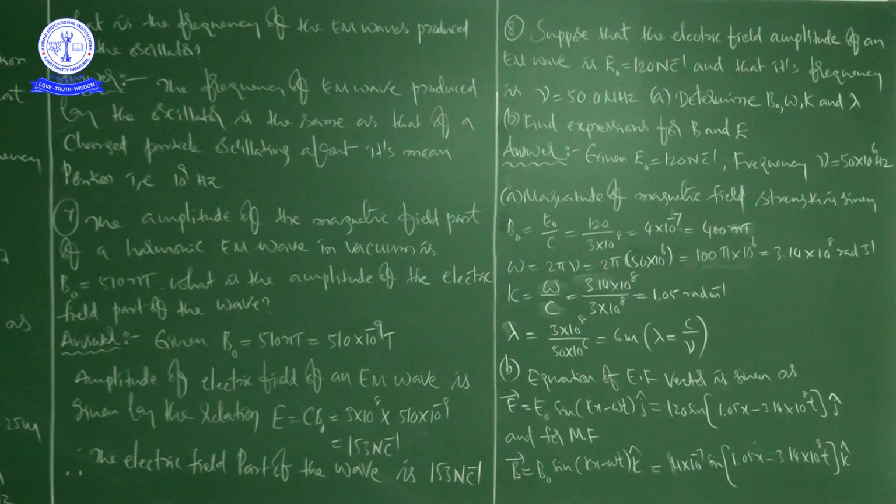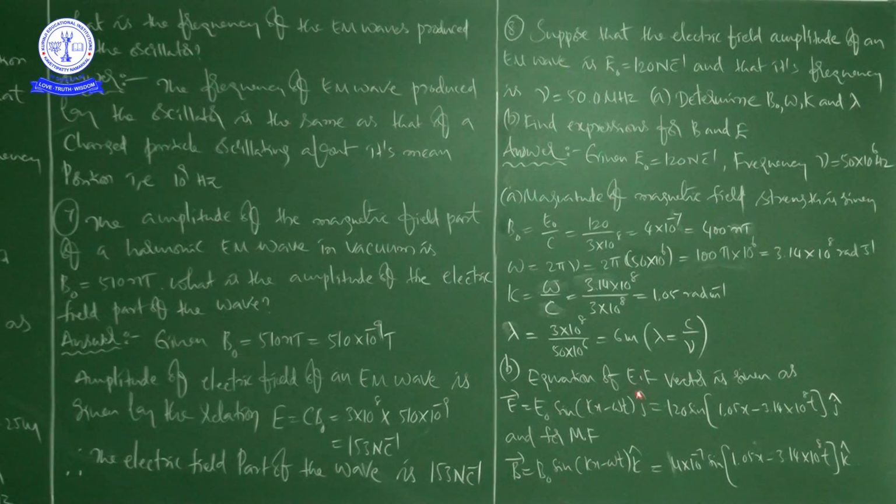J cap is the unit vector along the positive y axis. Similarly, k cap is the unit vector along the positive z axis, and i cap is the unit vector along the positive x axis. So finally, i cap, j cap, k cap are the unit vectors along the positive x axis, positive y axis and positive z axis. Okay, right.